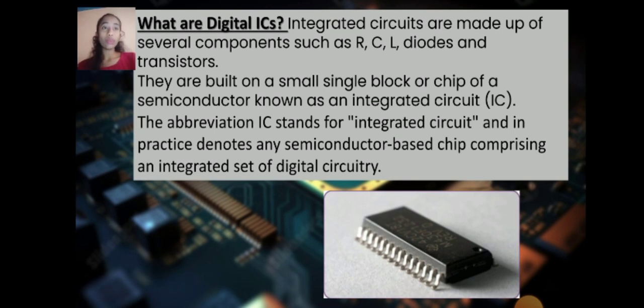As I told you before, integrated circuits are made up of several components such as LCR, diodes and transistors. They are built on a small single block or chip of a semiconductor. The abbreviation IC stands for integrated circuit and in practice denotes any semiconductor based chip comprising an integrated set of digital circuitry.